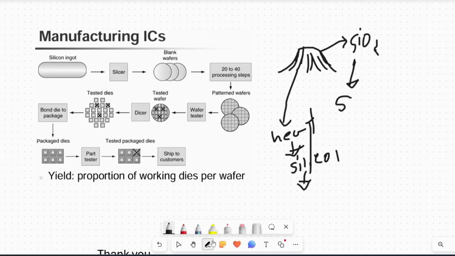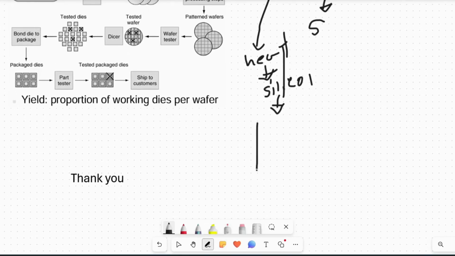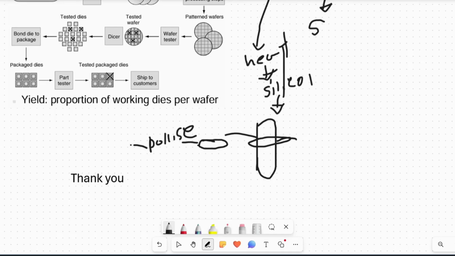For example, when we find this silicon, it looks like a cylinder, then we cut the cylinder. If we slice it from here, then we find a circular shape, then we polish it. After polishing we find a circular thing, it looks like this.